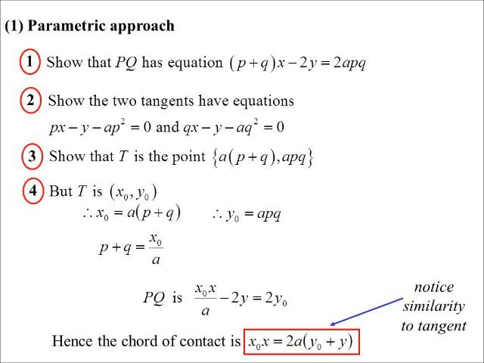With chord of contact, this x0, y0 is a point that is not on the parabola, and we're finding the equation of the chord that joins the two tangents. But the actual structure of the line is exactly the same. And again, it has similarity to the equation of the curve itself, x² = 4ay. Okay? So notice, similarity to the tangent.